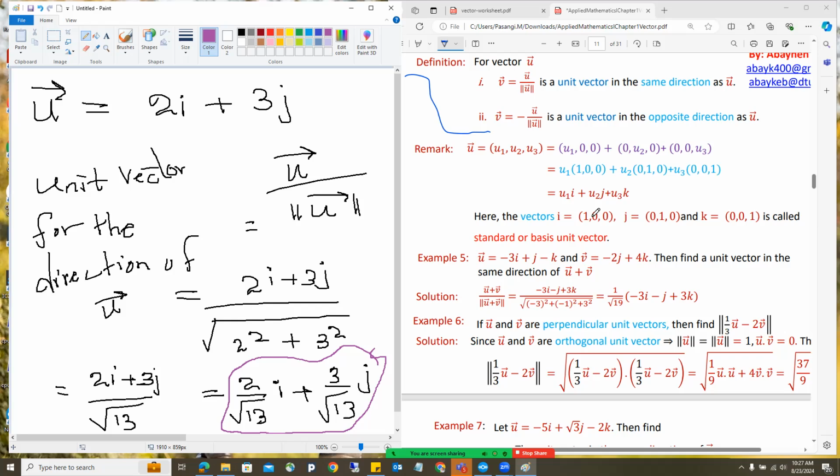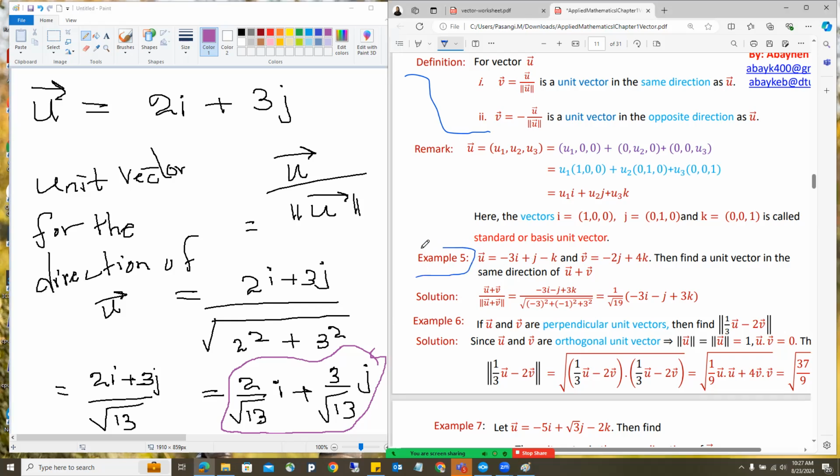Now do this example 5. Vector u is given as minus 3i plus j minus k, and vector v is given as minus 2j plus 4k.